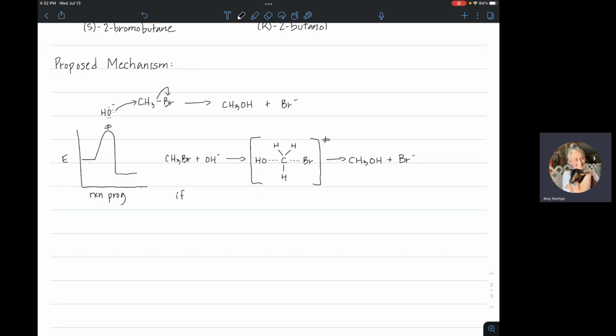So if the electrophilic carbon has bulky groups on it, the reaction rate slows down. We call this steric hindrance.